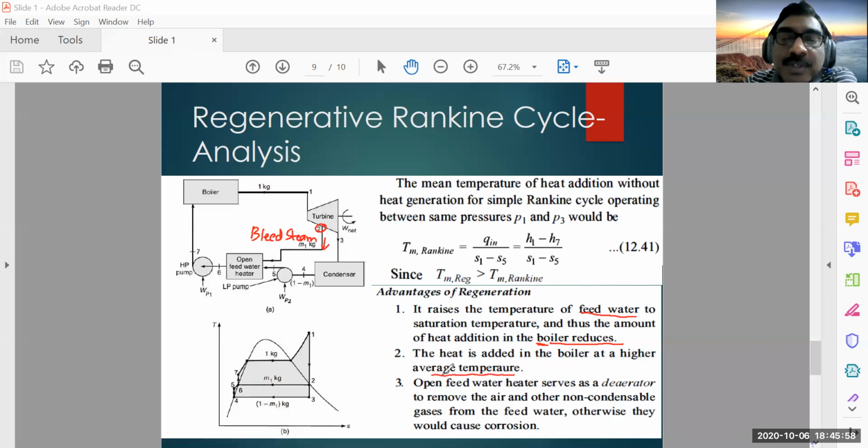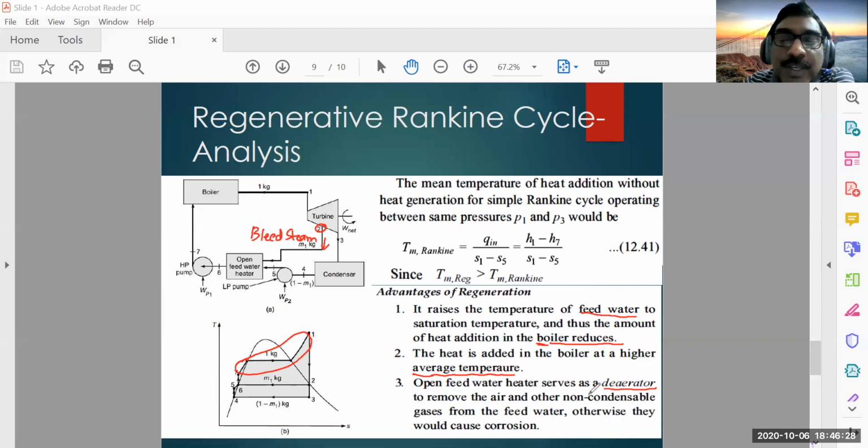The heat is added in the boiler at a higher average temperature. This is of course because the average temperature of heat addition in the boiler will be higher, and the open feed water heater serves as a deaerator. This is one important point. In the open feed water heater, the steam is directly coming from the turbine and the water is coming from the condenser. They will be mixed together.